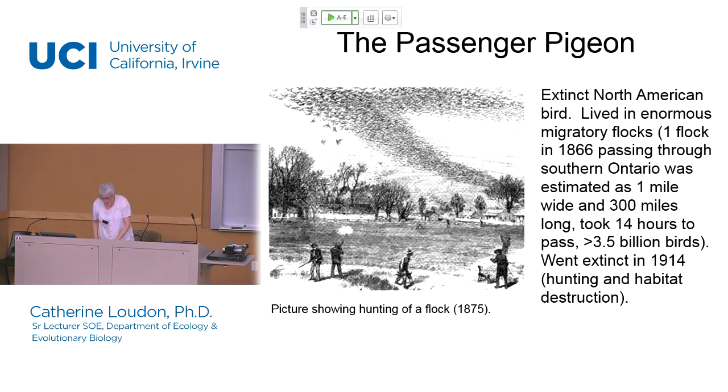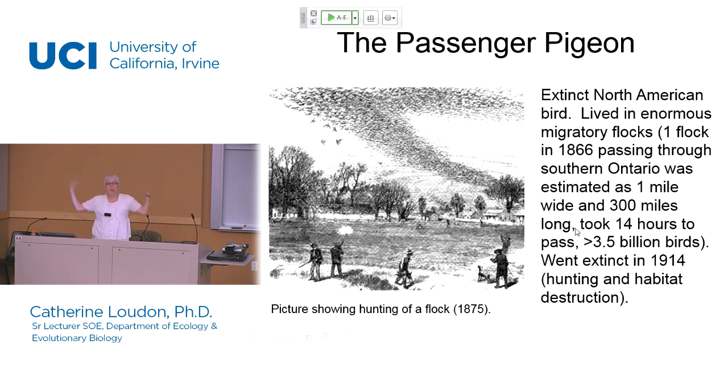And so these birds did migrate around in North America. There are wonderful historical records, such as one flock in 1866 that, as it passed through southern Ontario, was estimated to be a full mile across and 300 miles long.